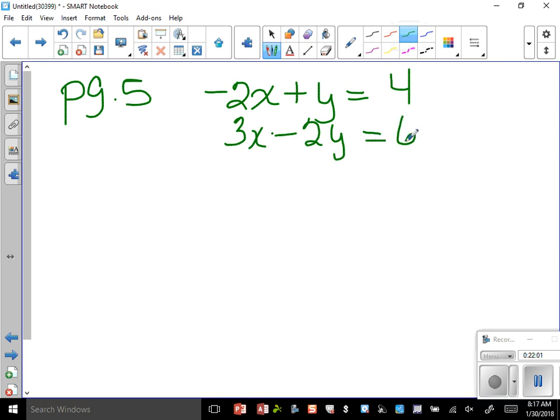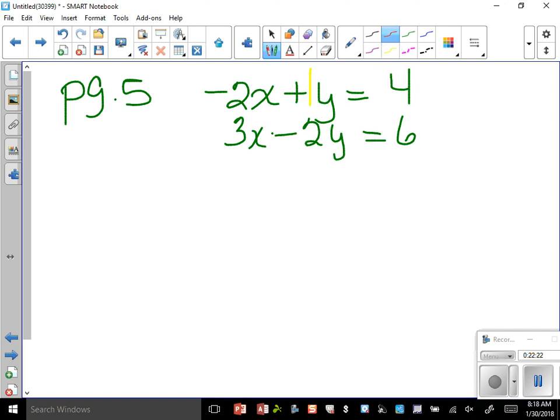Step 1 is not done for me this time. I have to isolate one of these variables. And what did I tell you guys to look for? Coefficients of 1. So this is the only one that has a coefficient of 1, so obviously that's the one I'm going to solve for. Always look for coefficients of 1.